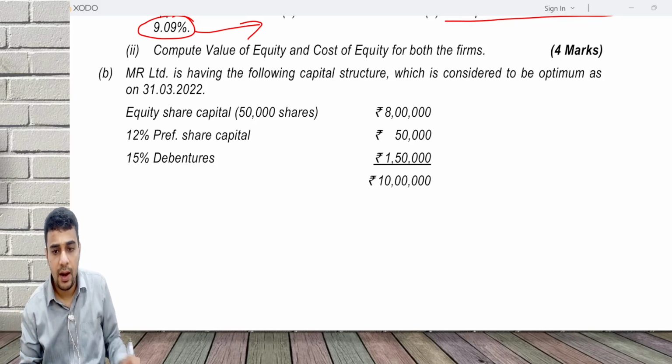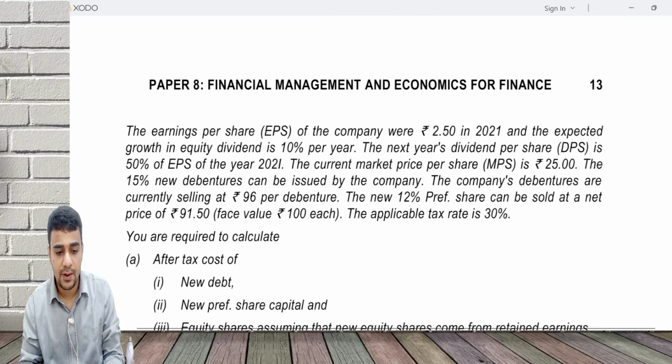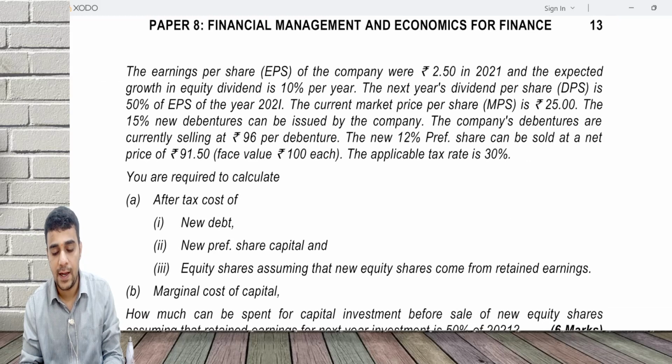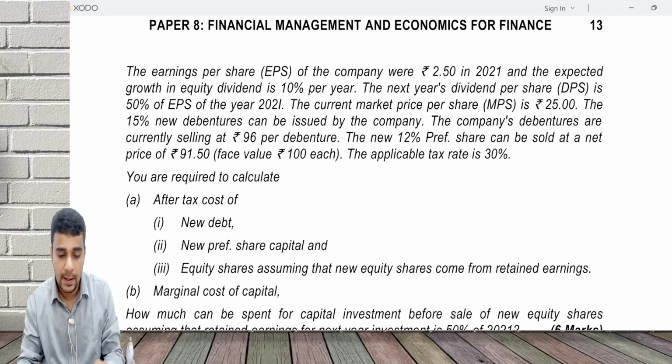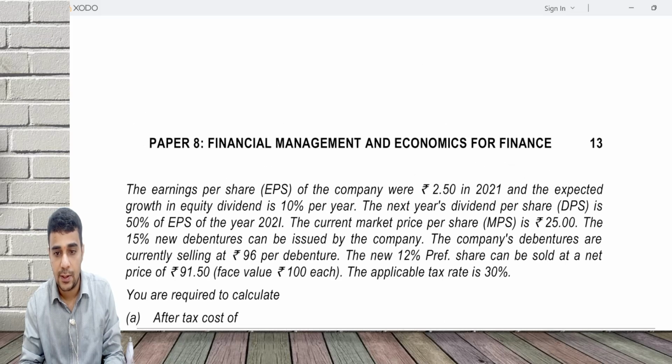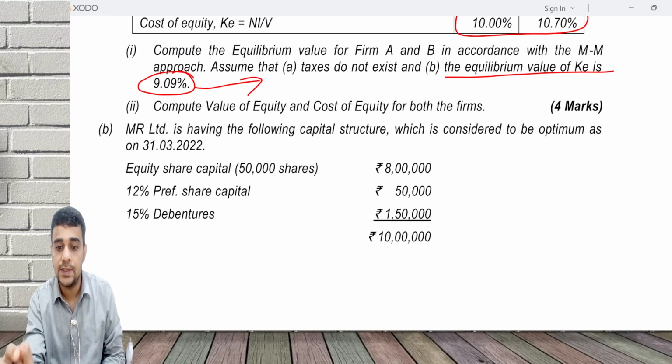Okay, they've asked for the after tax cost of new debt, new preference and equity capital, assuming it comes from retained earnings, so basically no flotation cost, and the marginal cost of capital, which is the cost of raising additional capital. The first line of the question says the structure is considered to be optimum.